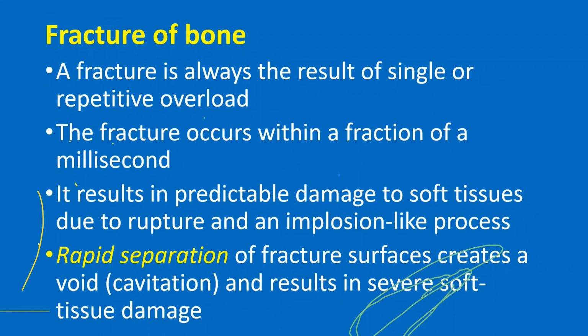It results in predictable damage to soft tissues due to rupture and implosion. Implosion means an explosion-like process: a rapid separation of fracture surfaces creates a void and results in severe soft tissue damage.